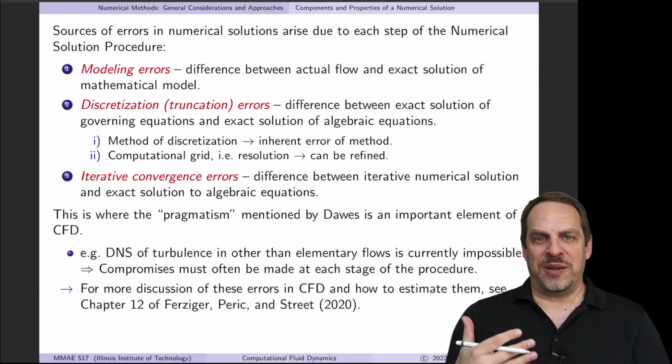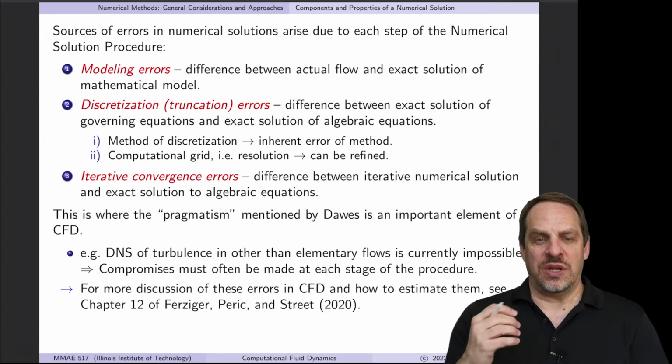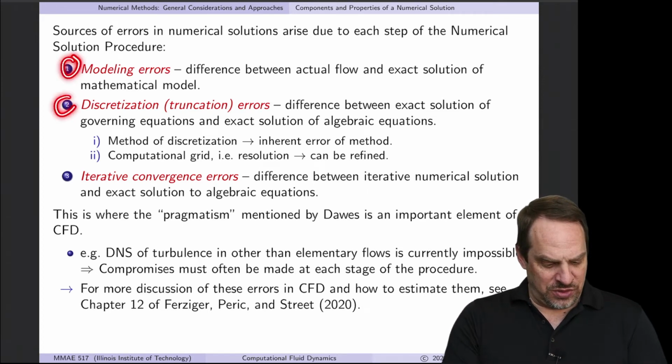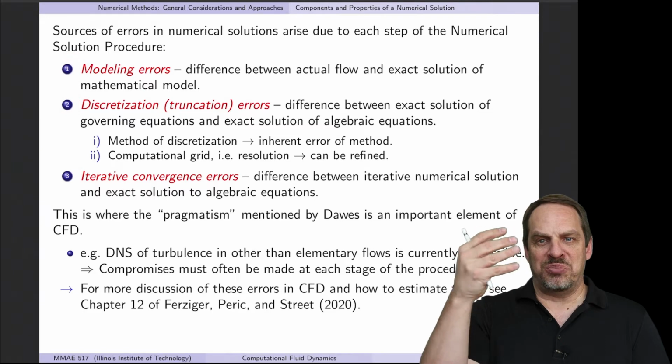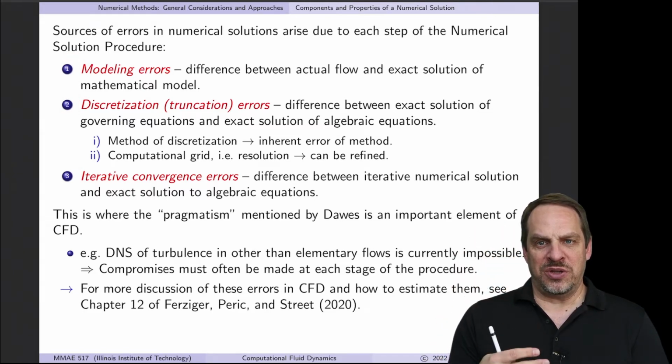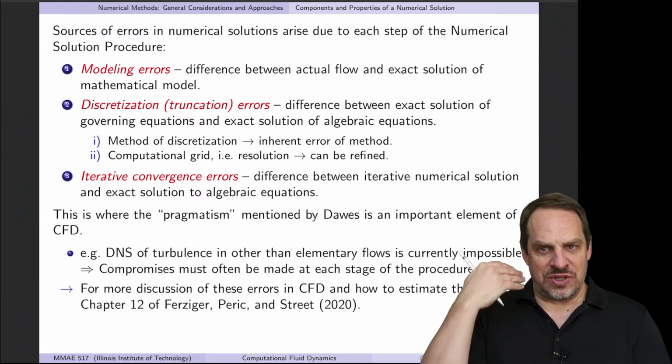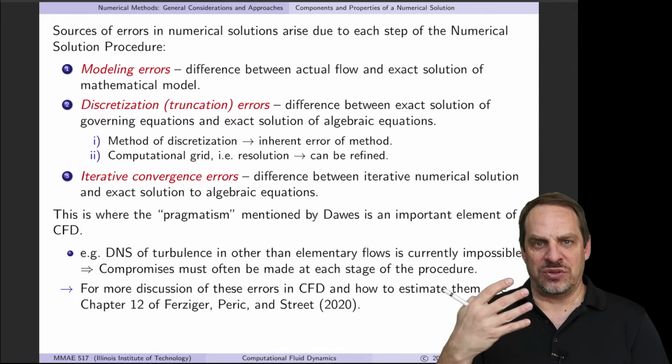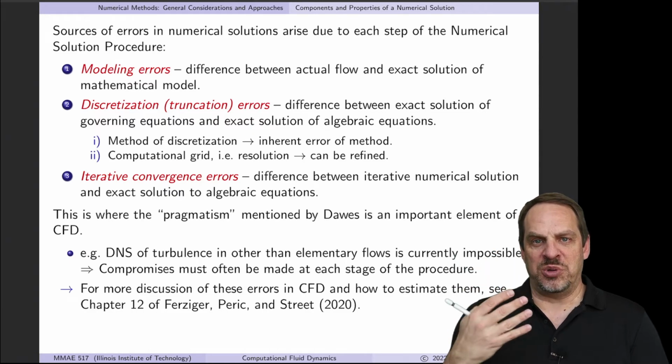So I have to make pragmatic, practical decisions at each step, 1, 2, and 3, to get a manageable process that I can solve in a reasonable period of time on my computer and get a solution that serves my purposes.